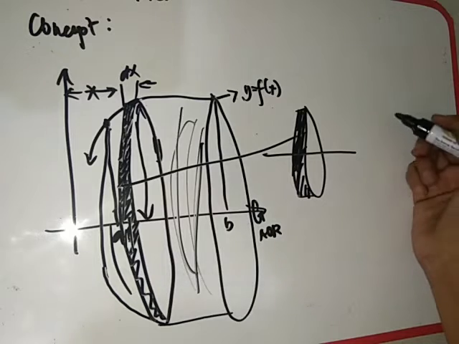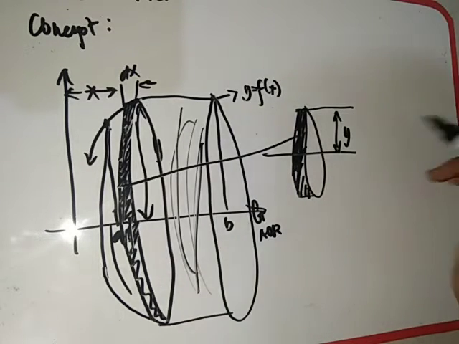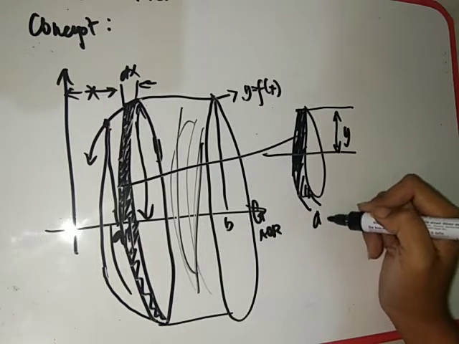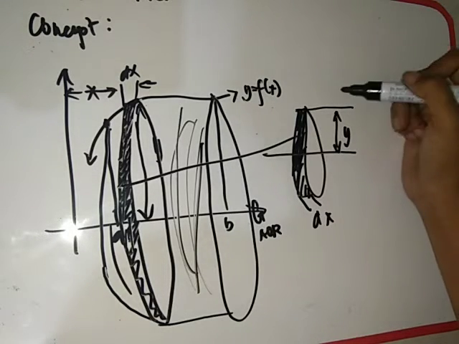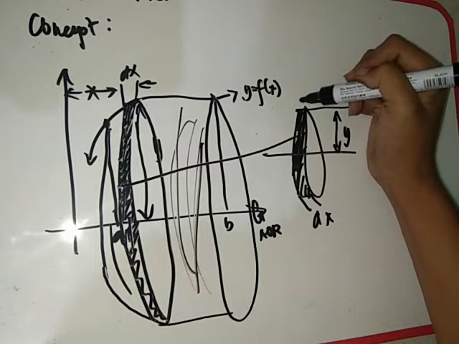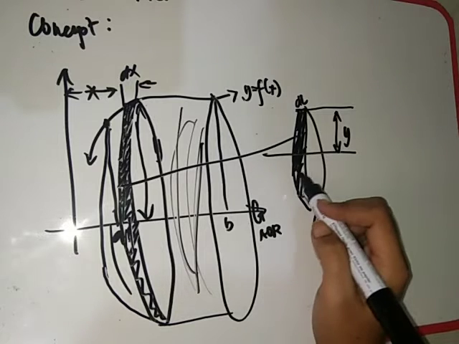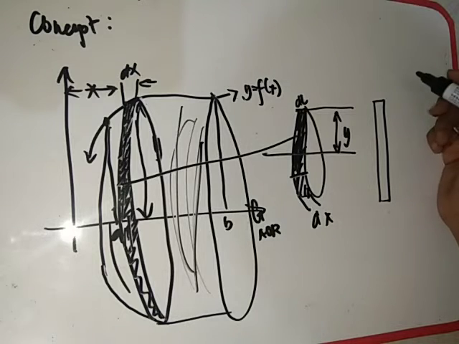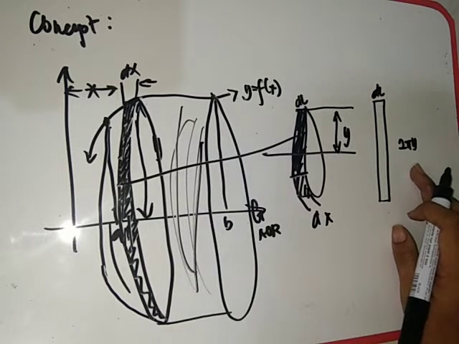So we have to put y because that is the height, and the thickness of this strip is our dx, and the length of the strip is this dl. So we have to cut it here and draw a rectangle. We label it as dl, and this is 2 pi y.